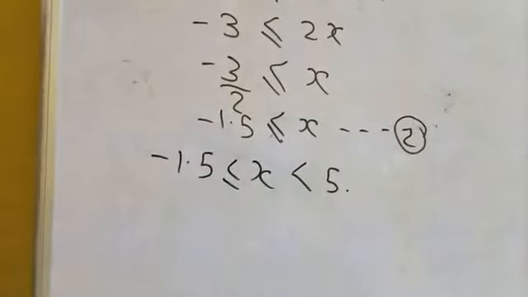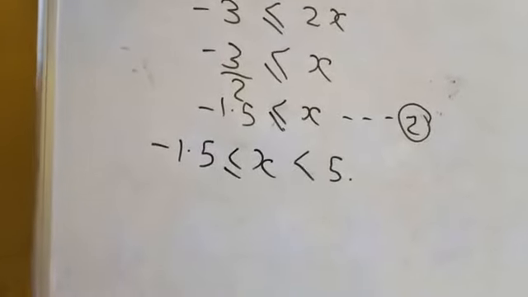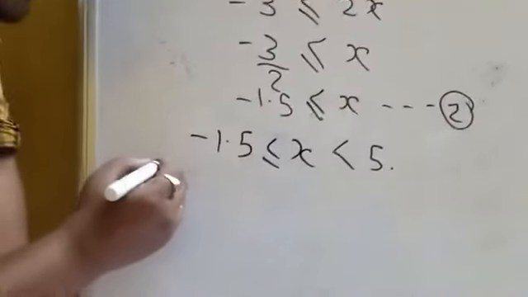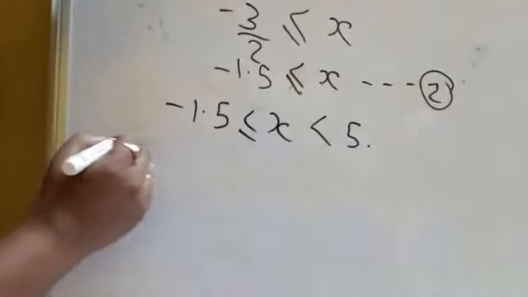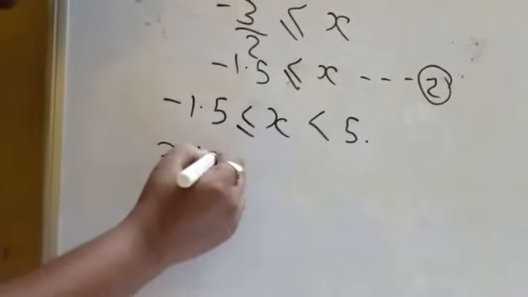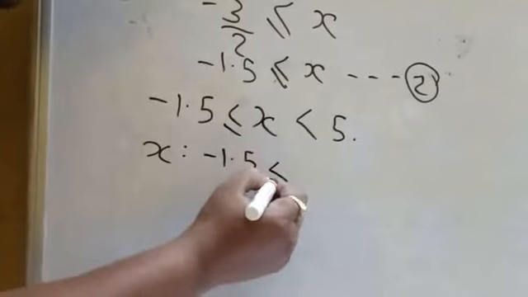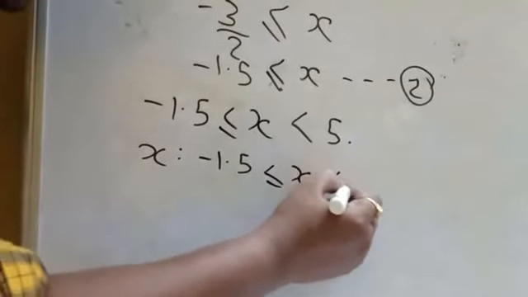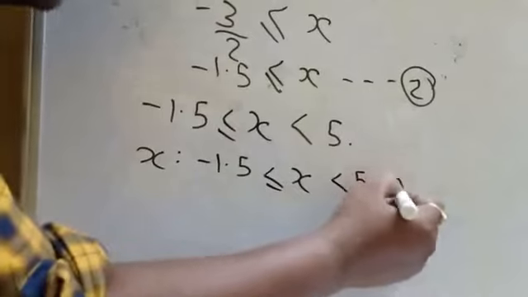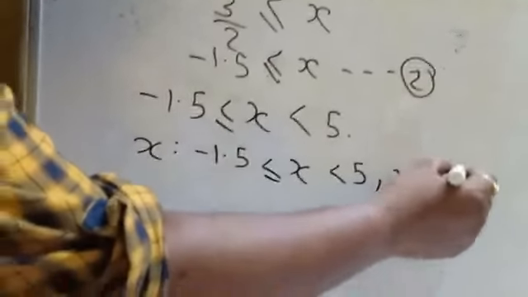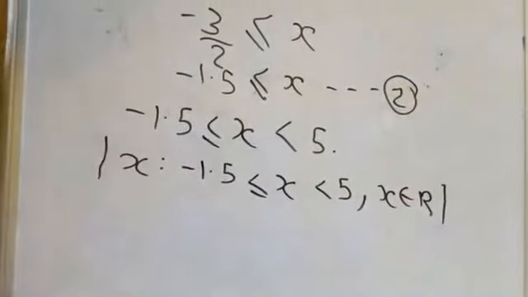So how can you represent it as a solution set? Here real numbers are given, x belongs to R. So you have to write x is a subset of minus 1.5 to 5 and x belongs to R. This is your solution set.